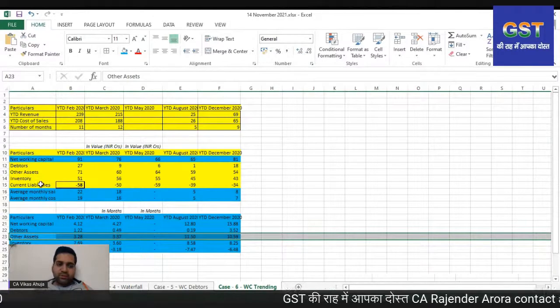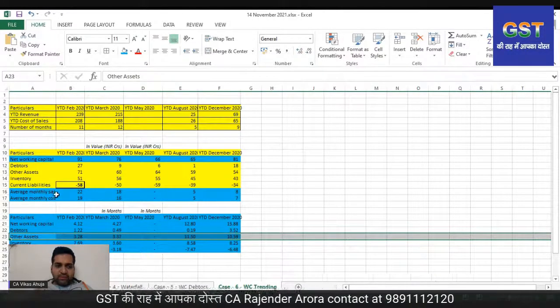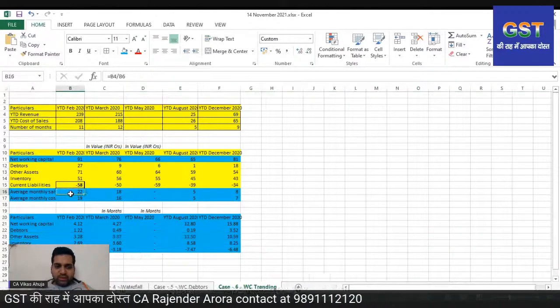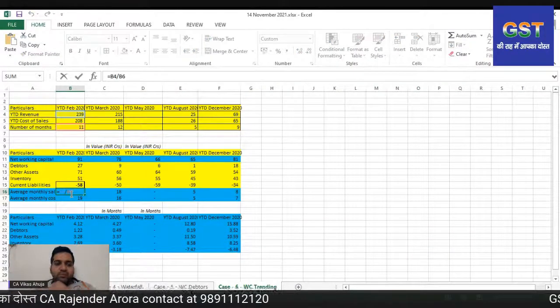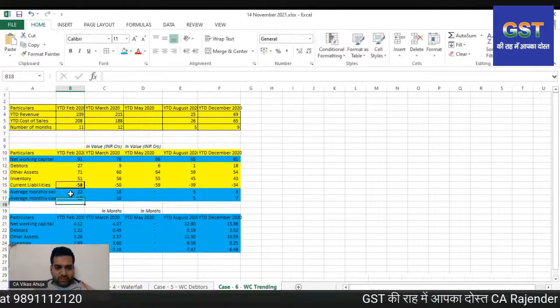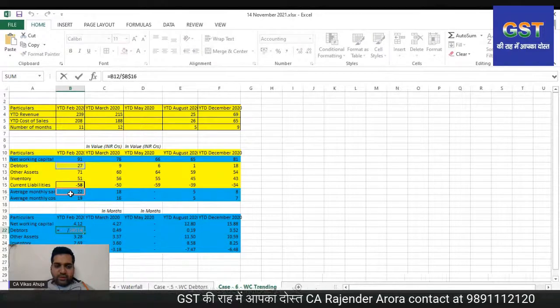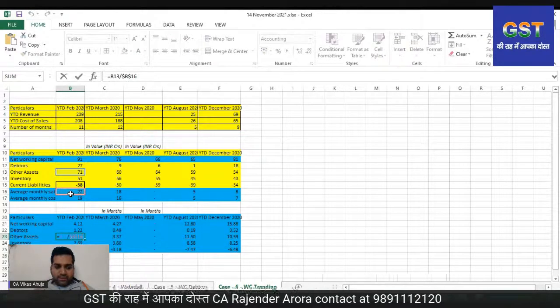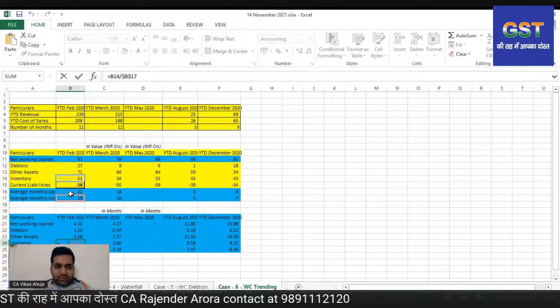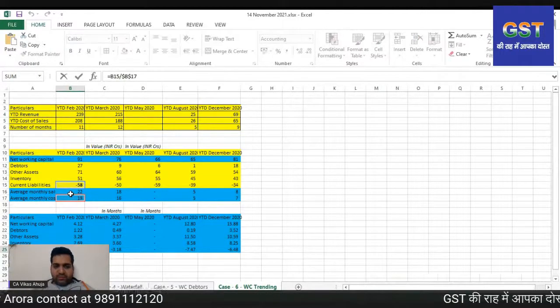Debtor, other assets, inventory, current liabilities, coming from base data. Net working capital is calculated. Average monthly sale is calculated: the revenue divided by number of months, and average monthly cost divided by number of months. And this debtor is coming up as debtor divided by average monthly sale. Assets divided by average monthly sale. Inventory divided by average monthly cost, and current liability divided by average monthly cost.